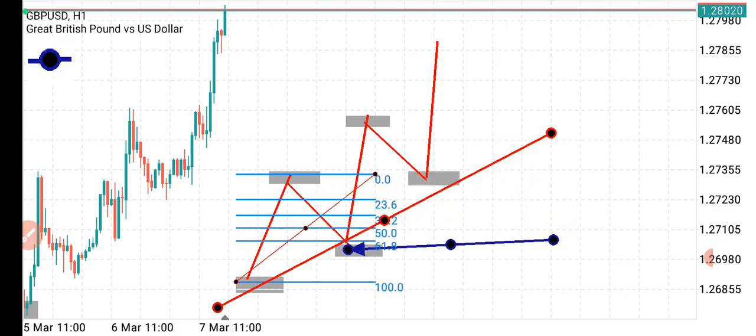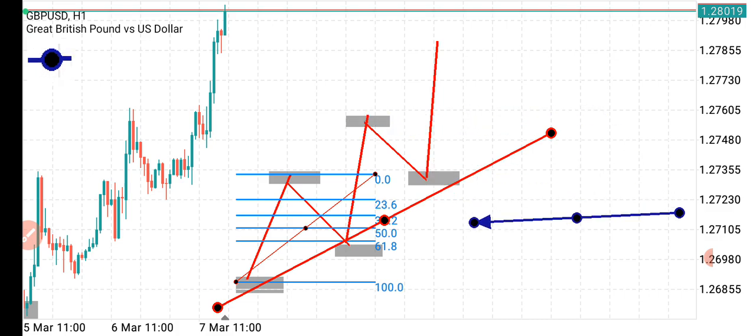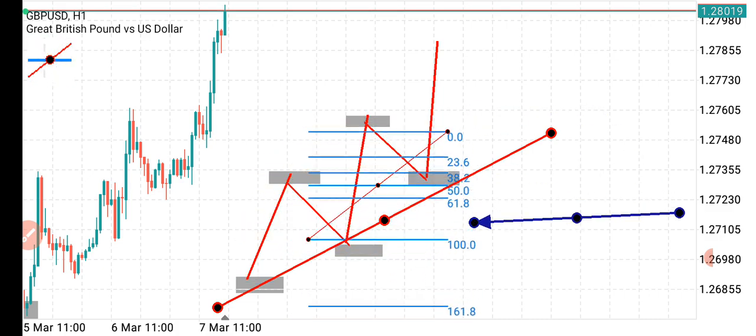So for instance, if you make any entry from this point now, this point B, okay, this is point A, this is point B, this is point C, and this is point D. Any entry you make from point C to D, how do you know that a reversal has started?